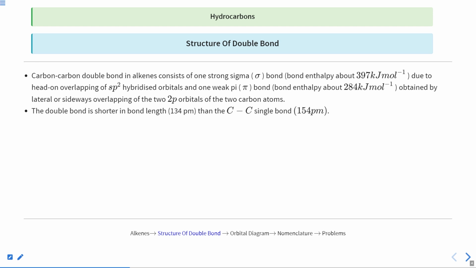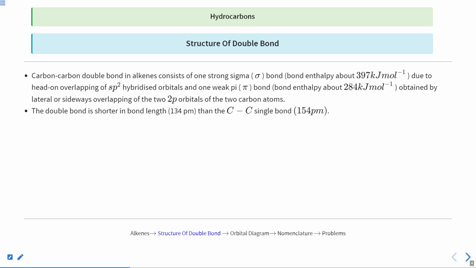Now, it is important to remember the type of bonding. It is very, very important, because a question may be asked on a statement basis where you have to predict which kind of bonding is present.